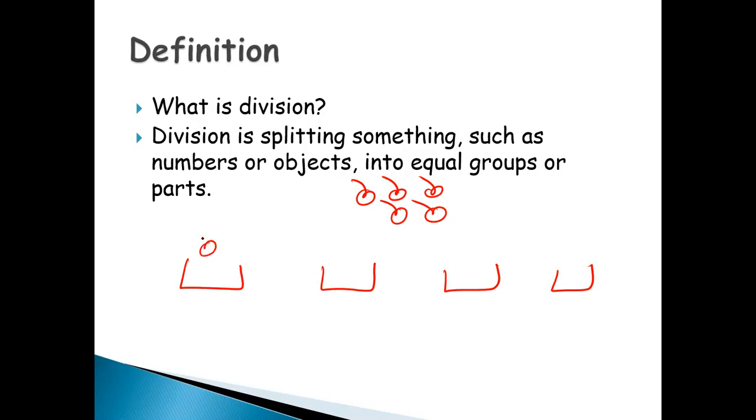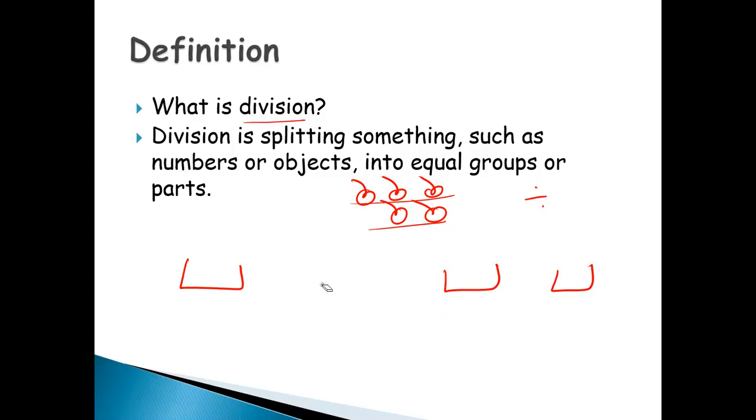How many apples will we have in each box? So we are dividing the apples in boxes. So we will use what? Division. In order to split something, in order to distribute the apples in boxes, we have to use division.